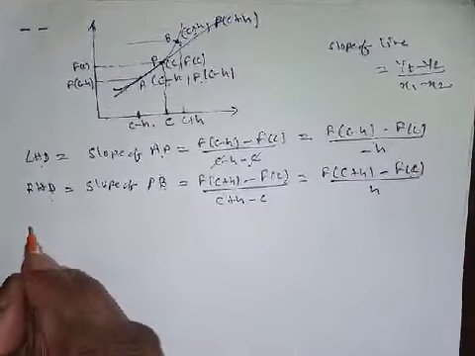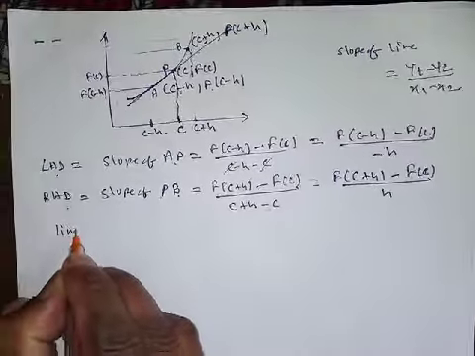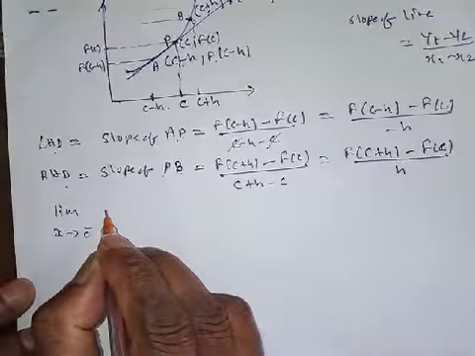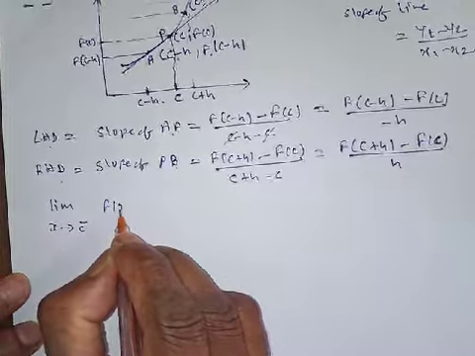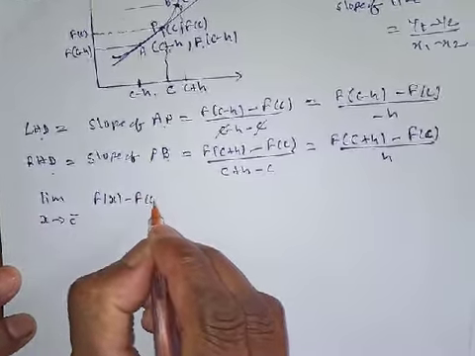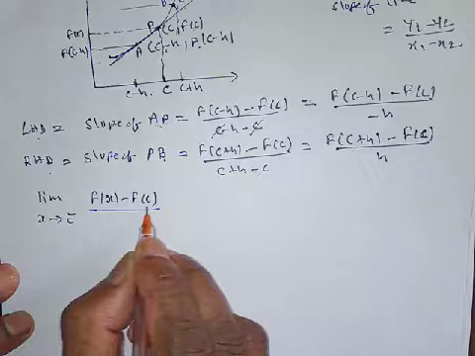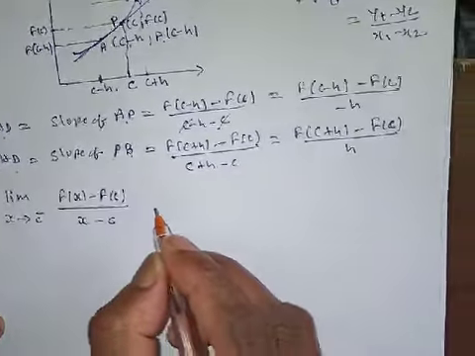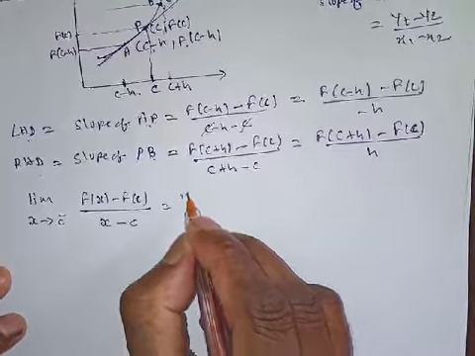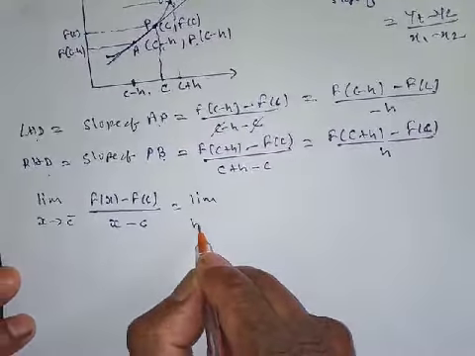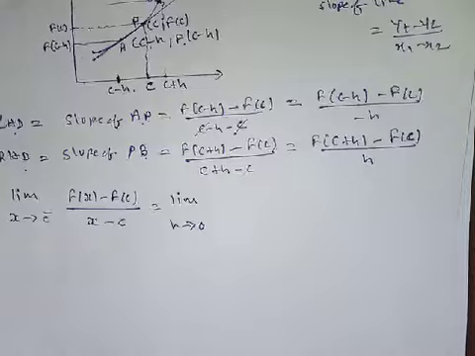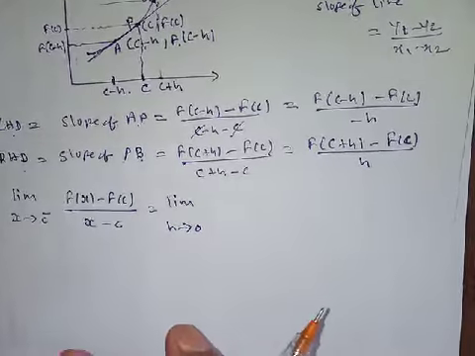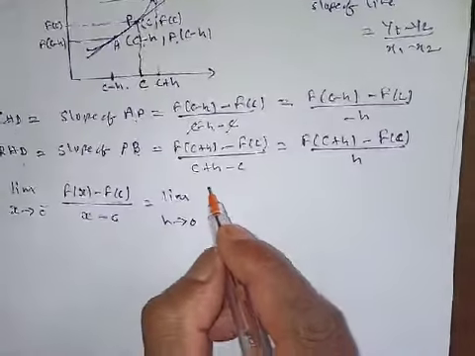So let's define it: limit x tends to C minus, f of x minus f of C upon x minus C. Now the same will reduce to the interval tending to 0, some lower interval. The interval is reduced to h, where h is a small interval. So how will we write it?